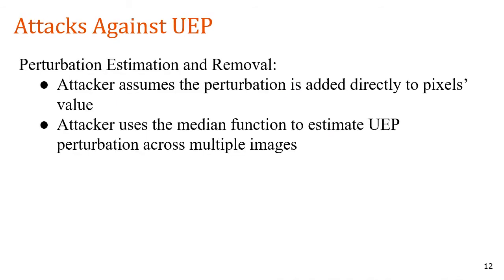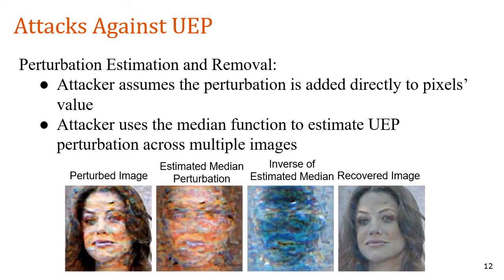We also considered different potential attacks against UEP, and we found that perturbation estimation and removal is the most effective one. In this attack, an attacker assumes that the perturbation is added directly to the pixel values, and the attacker can use the median function to estimate UEP. For example, if the adversary has access to multiple perturbed images, she can estimate the perturbation UEP just by using the median function.